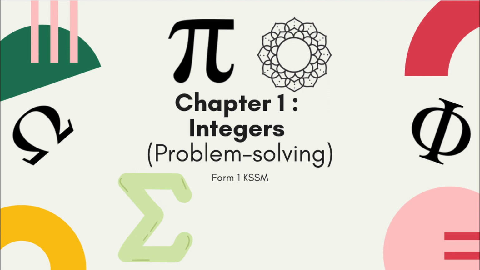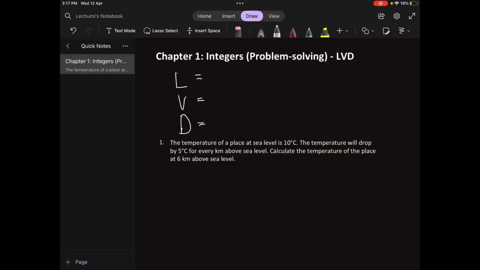So here we begin. Chapter 1, Integers Problem Solving. Before we go into problem solving, I have a golden rule that I follow every single time, and I would advise you to do the same, so that what we are trying to do is clear and precise. I call this method LVD.